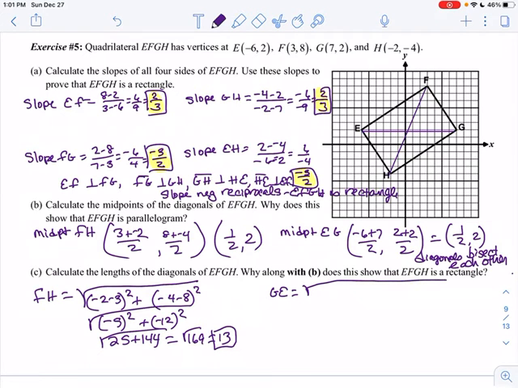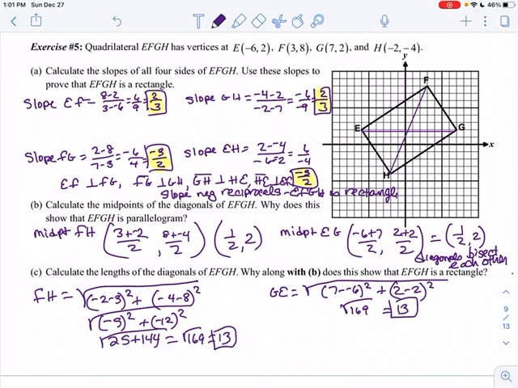And you have to find the length of GE. Now we already proved in a formal proof that the diagonals were congruent. I'm just now doing it with the coordinates. So 7 minus -6 squared, 2 minus 2 squared. 2 minus 2 is 0, so this is radical 169, which is 13.